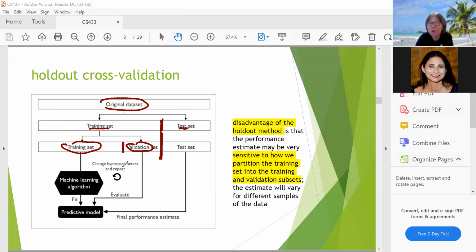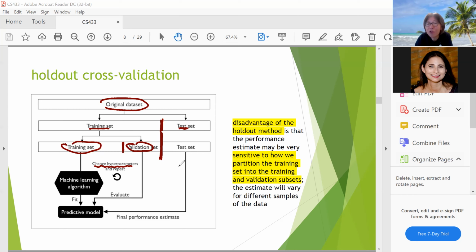The validation is for changing the hyperparameters and retraining with a new set of hyperparameters, then you collect the performance metrics and find the best one.